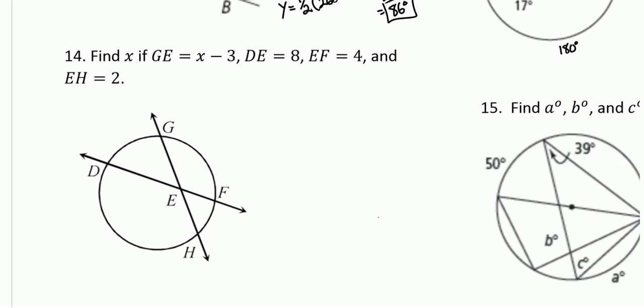Number 14, we're looking for X. If GE is X minus 3, DE is 8, EF is 4, and EH is 2.